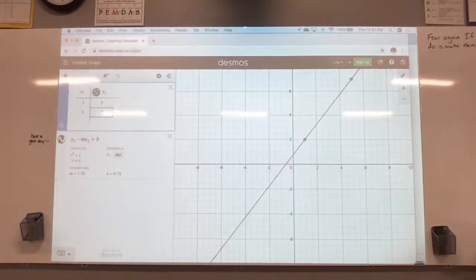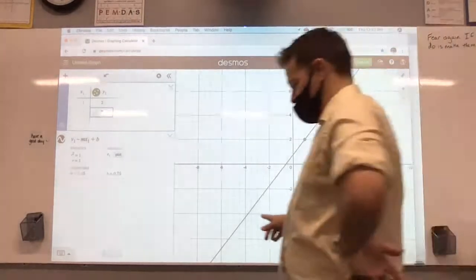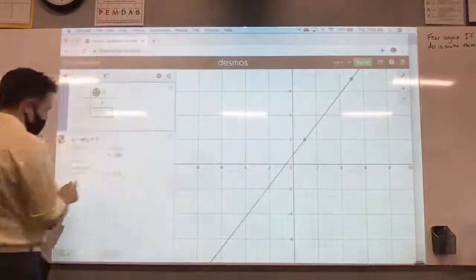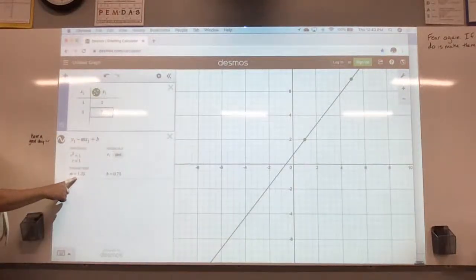The answer is what? Why not? What do you need for a linear equation? Y equals what? So this equation for this line is y equals m, Tate, what is this m? 1.25. Now, here's the only problem.